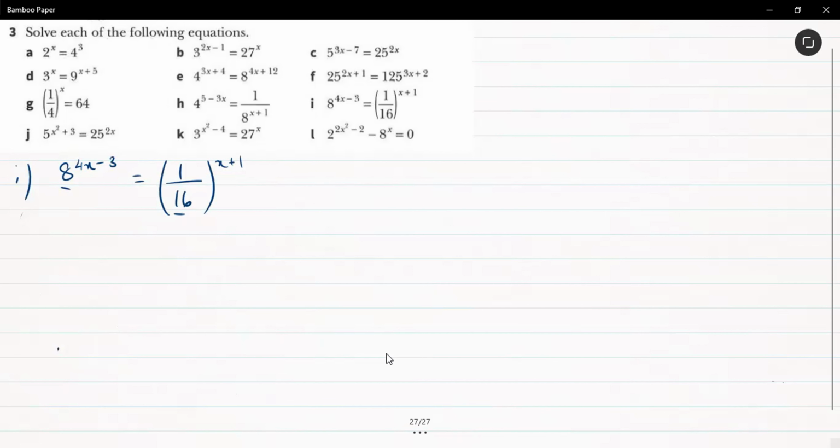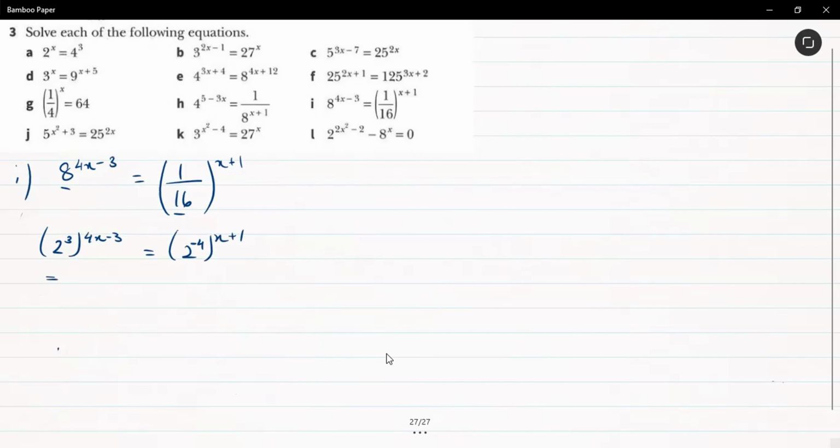I'm not going to take the factor of 16 because 2 raised to the power 4 is equal to 16. So 2 cubed raised to the power 4x minus 3 is equal to 2 to the power, what is 1 over 16, equal to 2 raised to the power negative 4 as we have discussed, multiplied by x plus 1.